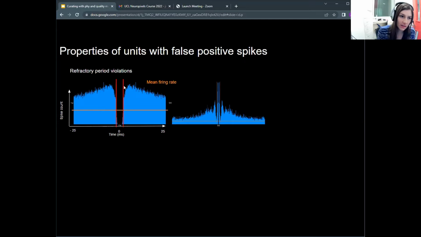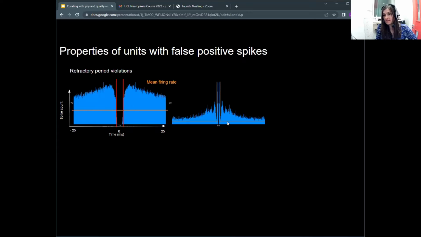And you have these lines usually in Phy. It makes sense also to look at this relative to how the neuron is spiking, so the neuron's mean firing rate. So this is an example of a unit that has really no refractory period violations. And on the right, you can see a unit that has a lot of refractory period violations.